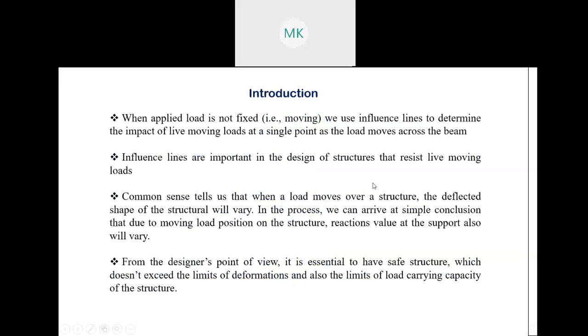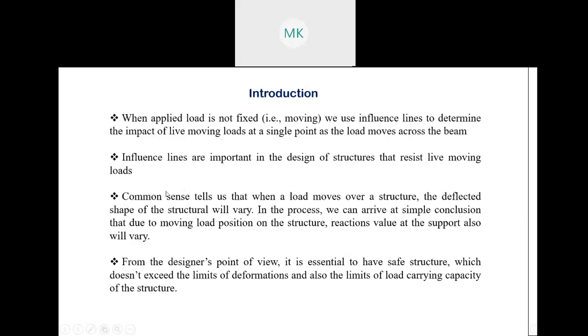I think all of you understand what moving loads are. So what is this ILD? It means influence line diagram or influence line. When the applied load is not fixed, that is, moving, we use influence lines to determine the impact of live moving loads at a single point as the load moves across the bridge. So influence lines are important in the design of structures that resist live moving loads, such as bridges and all these things.